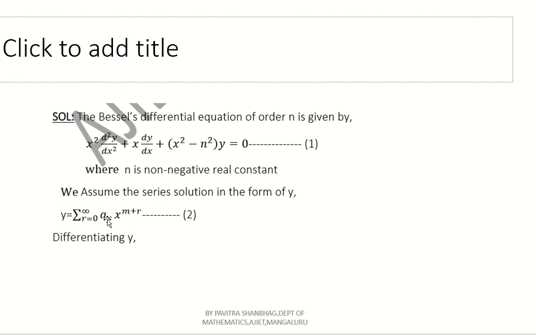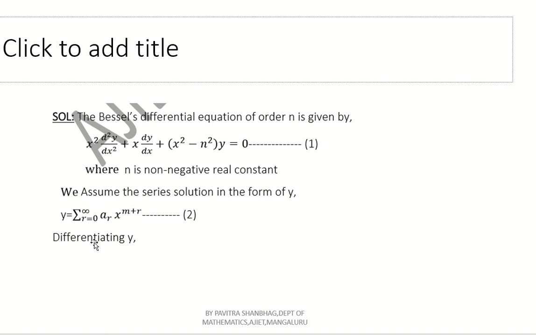Similarly put r equal to 1, a1 x power m plus 1, plus a2 x power m plus 2 and so on up to infinity. So it is an infinite series, and we are considering y in this format.